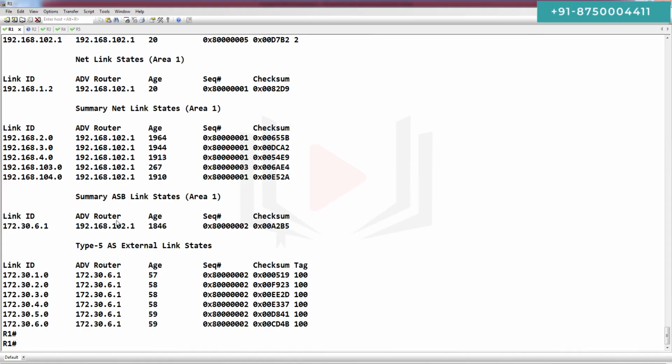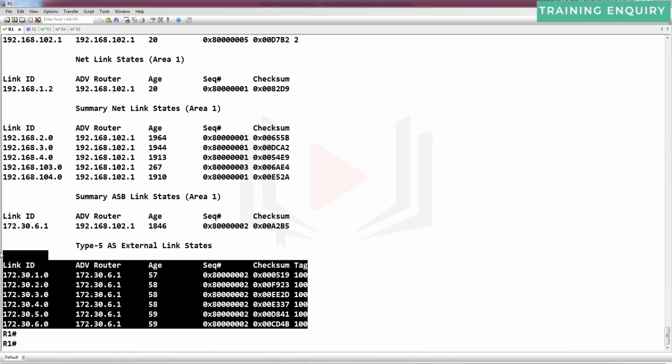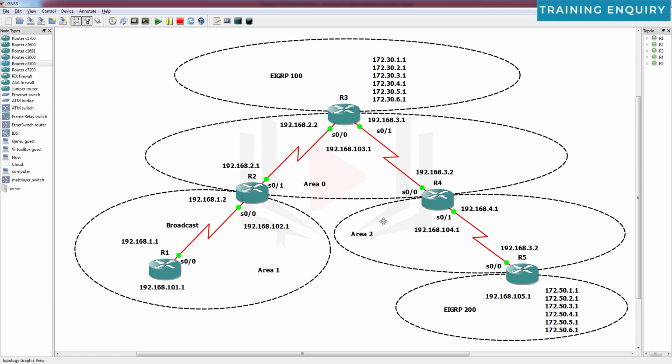So R2's router ID is this one, the advertising router. Next is external LSA, which contains external routes redistributed into OSPF. Next is group membership LSA, not supported by Cisco routers. Next is NSSA LSA. It is available only in NSSA and SSA areas.